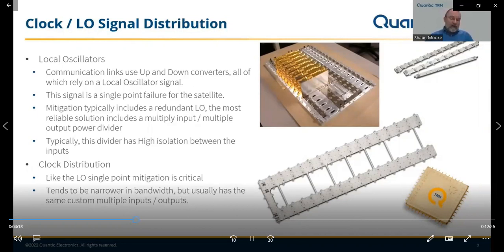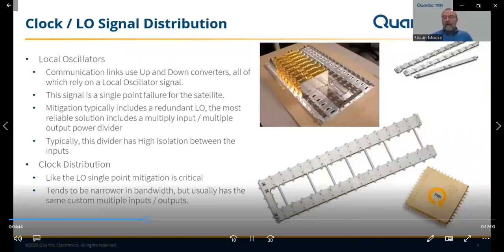Now, most satellites, since this is a potential single point failure, really rely on a redundant architecture for the local oscillators. The best way to do that is to have a non-mechanical or non-active component to switch between the redundancy of the oscillators.